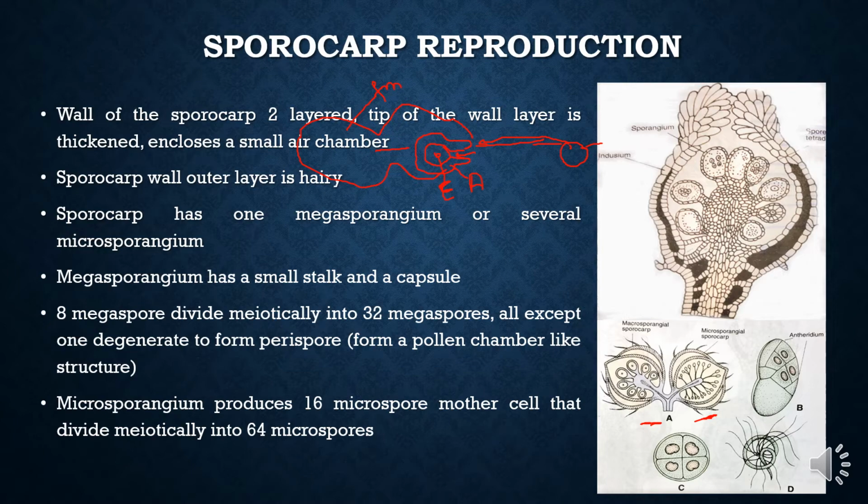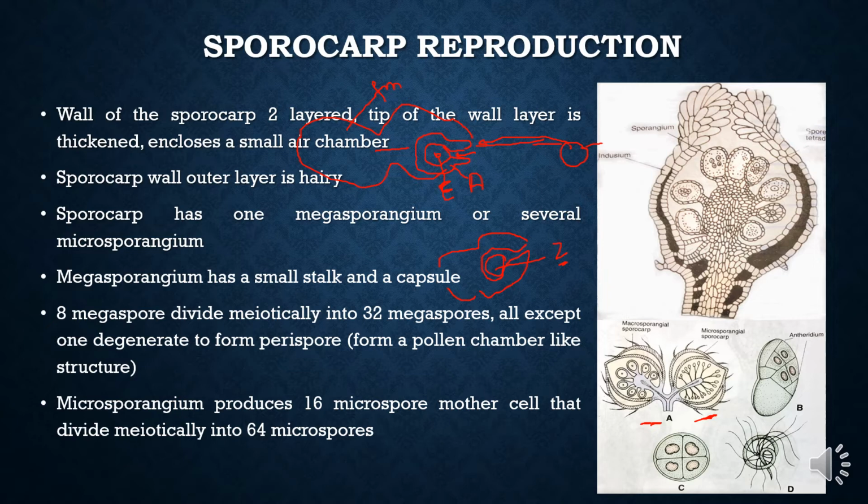After fertilization, the zygote is formed. The zygote lies inside the gametophyte, the archegonium. The zygote divides several times, and the zygote is the sporophytic generation, that is, the diploid generation.